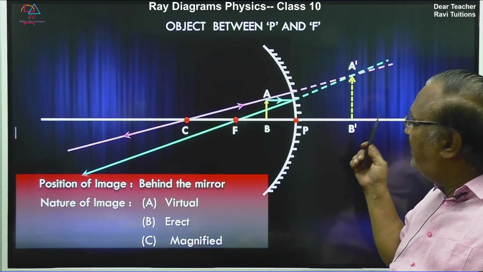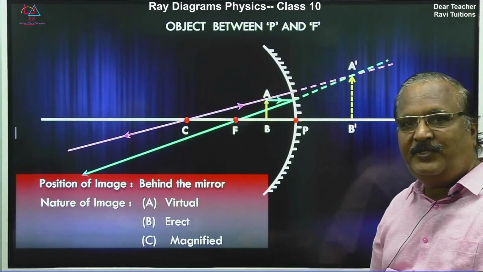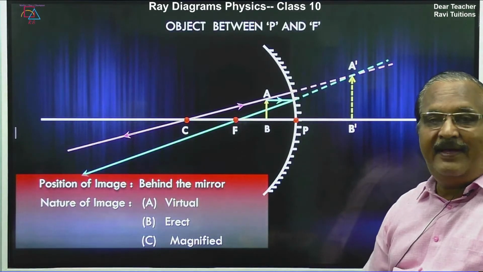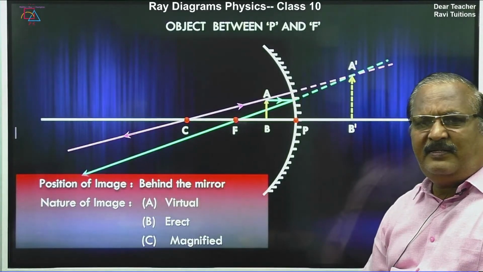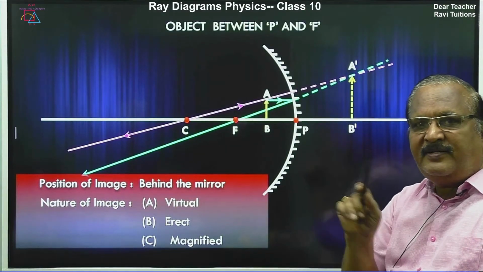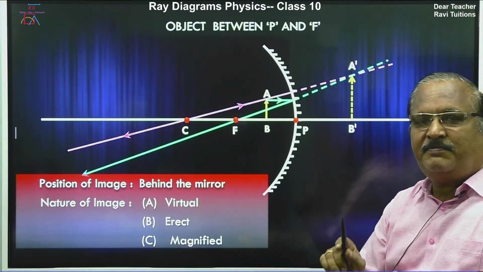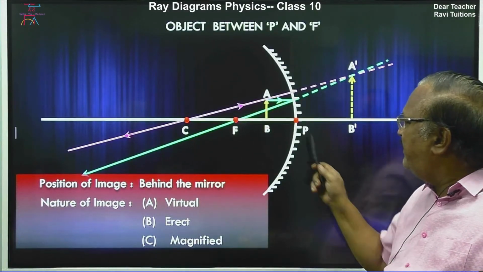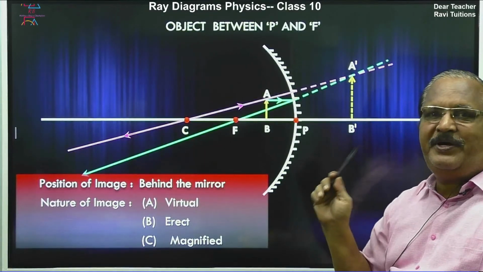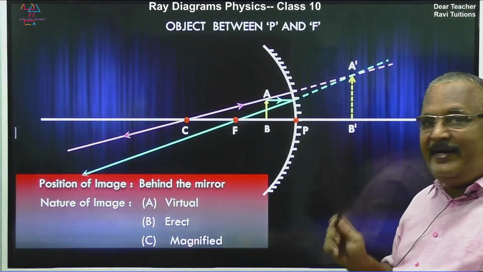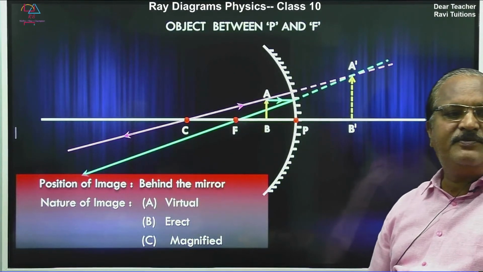It is enlarged or magnified, both are fine. So this is between P and F. You should not draw this freehand. You have to use the geometrical compass and all those things, exactly draw it.